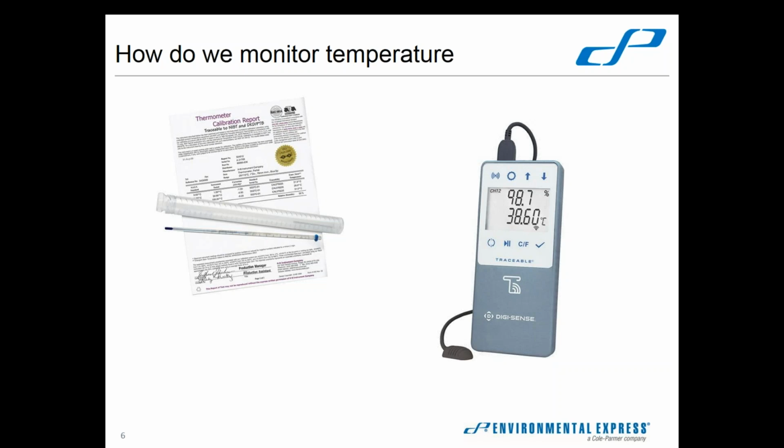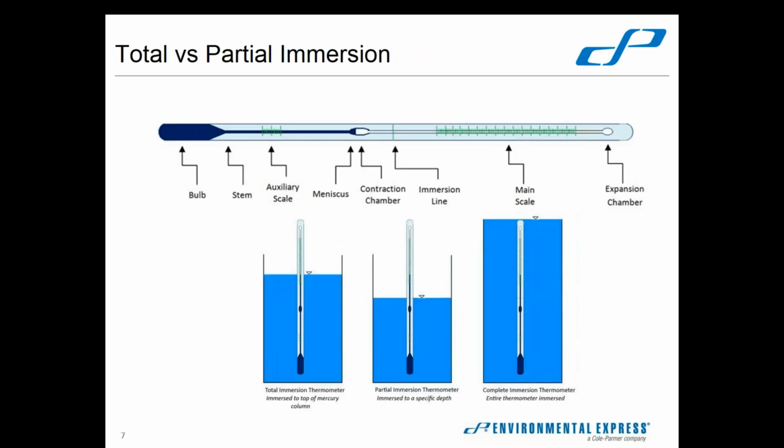They do offer some benefits, a lot easier to read. You don't have to worry about graduation lines and misreading what your scale is. They've got a clear, concise readout, and even better these days is that a lot of your digital ones actually offer some tracking capability and recording of your information. We'll get to that again a little bit in, I think, the next slide after this one.